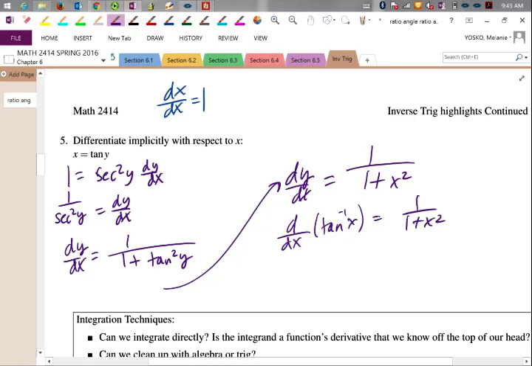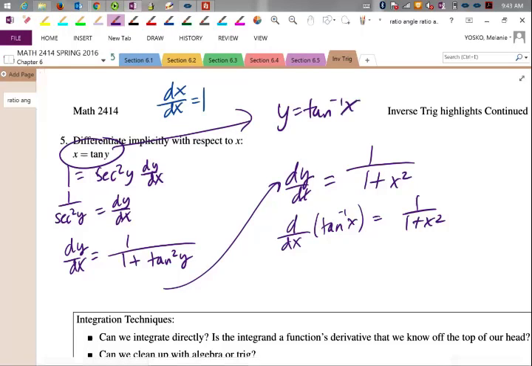Got it? Isn't this the same as saying y equals inverse tan of x? We did that in Cal 1, probably very quickly. Garrett? Right? You see it? Okay.